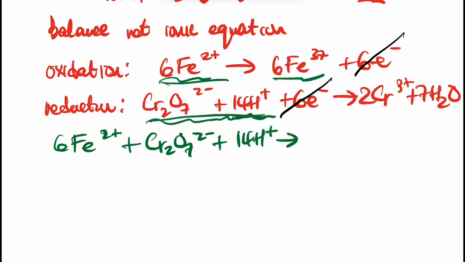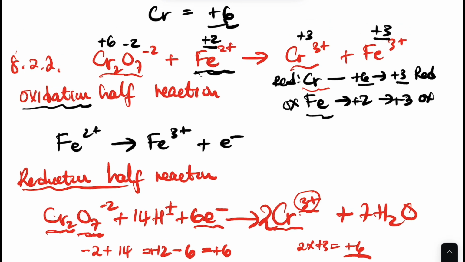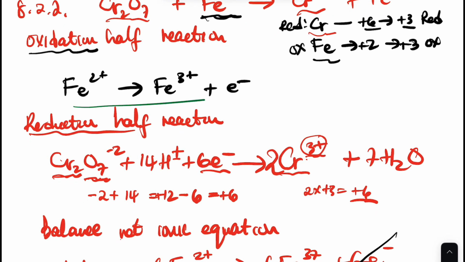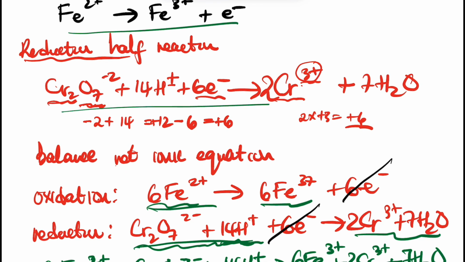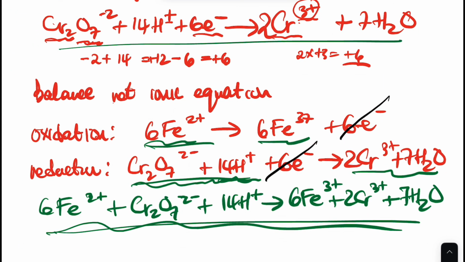And then we go to products. It's going to be 6Fe3+, and then 2Cr3+ and the 7 water molecules. These are the answers. The answer for this one, it's this, and this is the answer, and this is the answer there. I hope, guys, this question makes sense. Cheers.